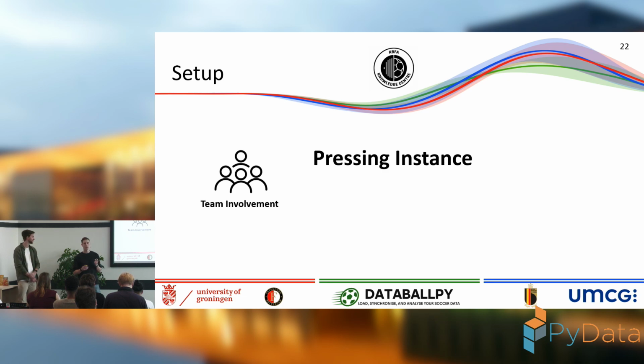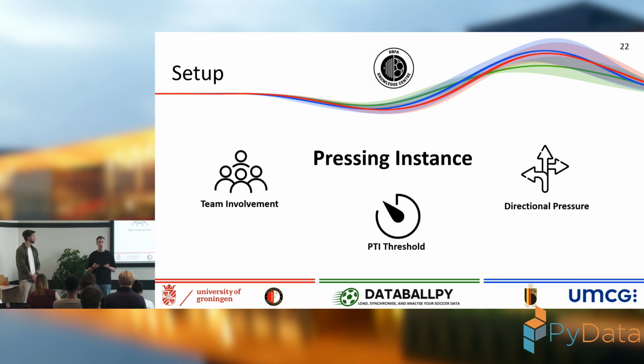And for one player, the pressing must be oriented at the ball carrier, and the threshold is higher for this player directed at the ball carrier. These were the thresholds we saw in the previous slide. Last but not least, we made an addition to the model, an angular constraint. We saw a scenario where pressure on the ball carrier was registered when players were running alongside each other.